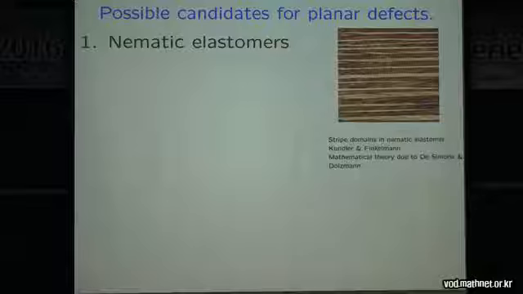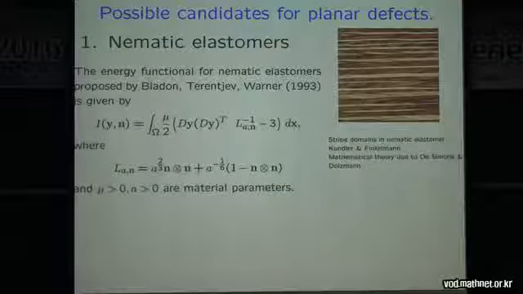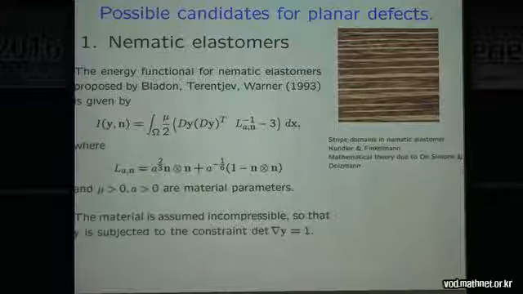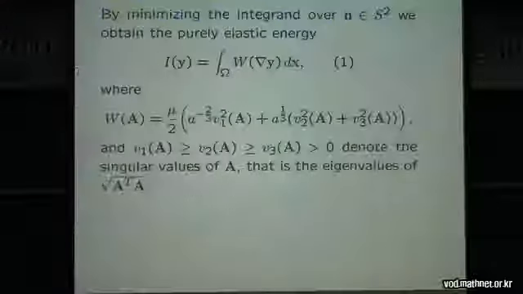So you get these layered configurations. So the energy functional is usually taken to be this, quadratic in the gradient of y, and then you've got this tensor here, which depends on the n. So it depends on y and n, and it's assumed incompressible, so that y is subjected to determinant gradient y is 1.